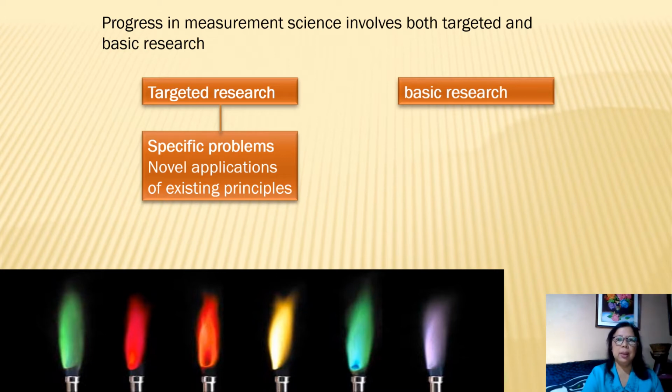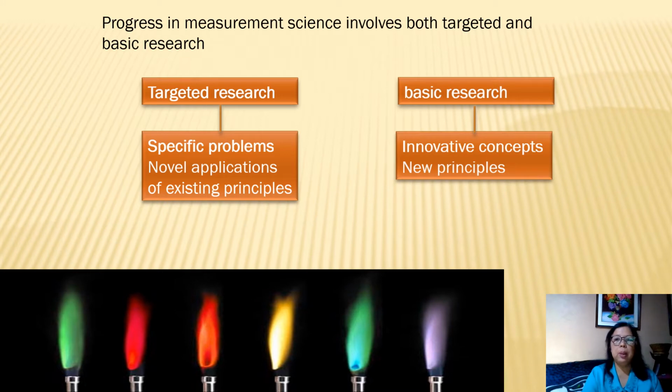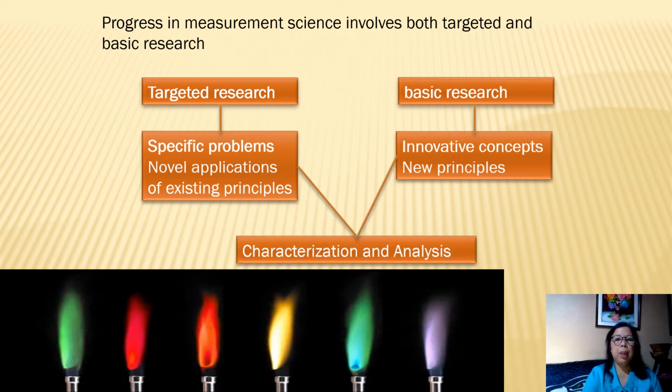In targeted research, you identify specific problems and then you apply novel existing principles in order to meet your specific problem. In basic research, this includes innovative concepts, so you make use of new principles. Both of these make use of characterization and analysis, and that is where your analytical chemistry comes in.